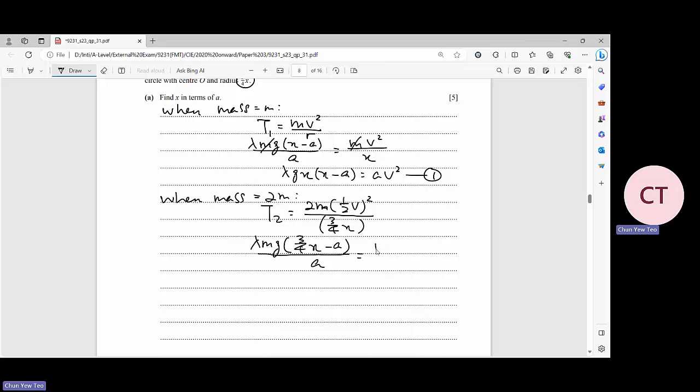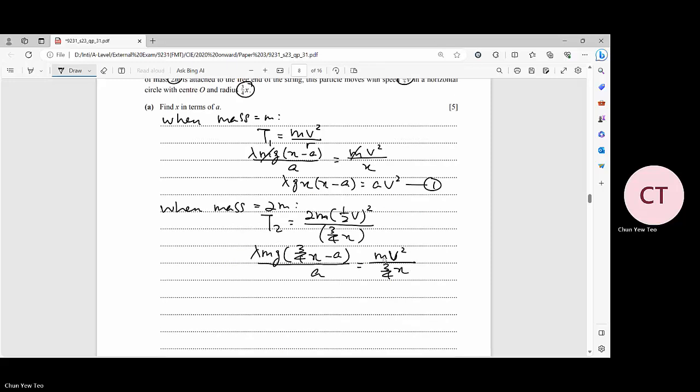So this one will be m v squared over the 3 over 4x. So the m also can be cancelled. So you have 3 over 4 lambda gx times 3 over 4x minus a is equal to av squared. Okay, so this is what we have.